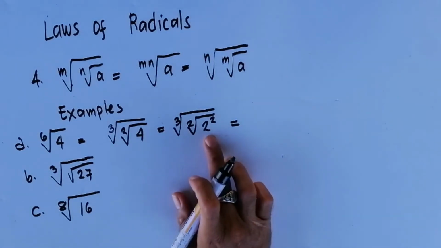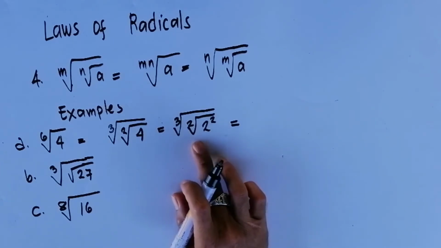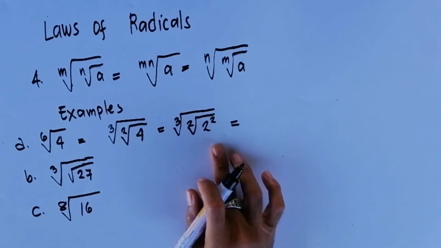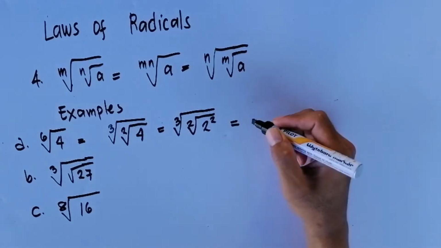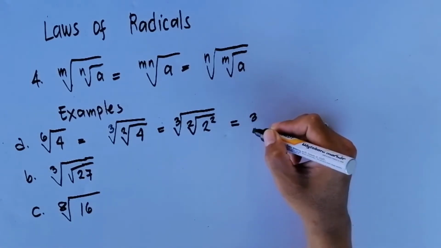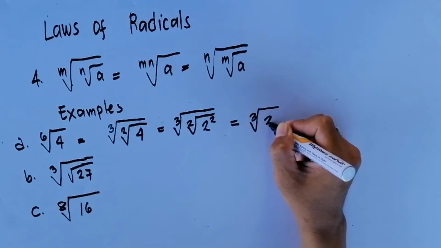The square root of 2 raised to 2 is equal to 2. So therefore, the answer is the cube root of 2.